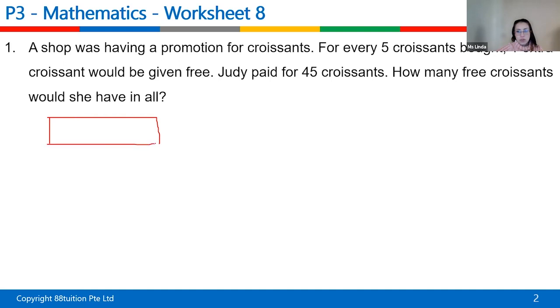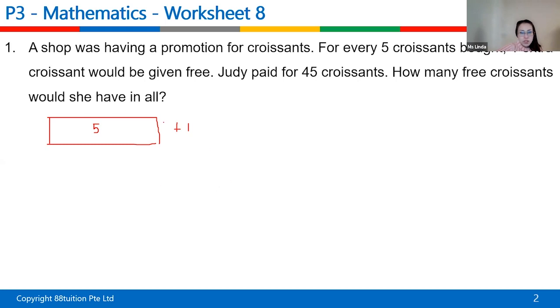So in a group of 5, every 5 croissants, you get 1 free. So 5 is 1 set, you get 1 free. And she paid for 45. How many free croissants will she have? Now, if she got 45 croissants, how many groups will that be?